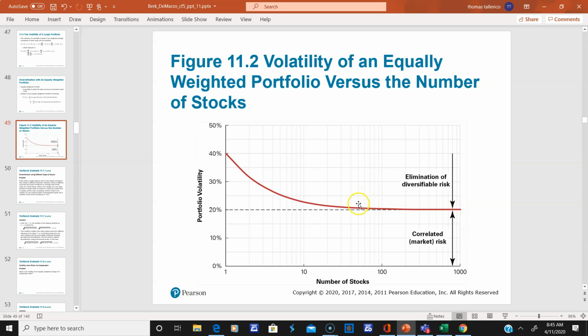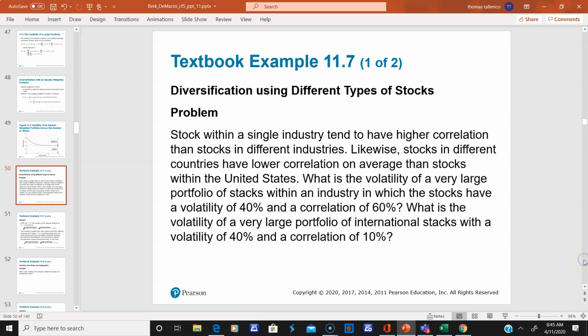So we get rid of the diversifiable risk the more and more stocks I buy, except, of course, for this portion here. And this is the portfolio volatility, which you saw that I have to live with, okay? So it should be an obvious thing, though, that graph.